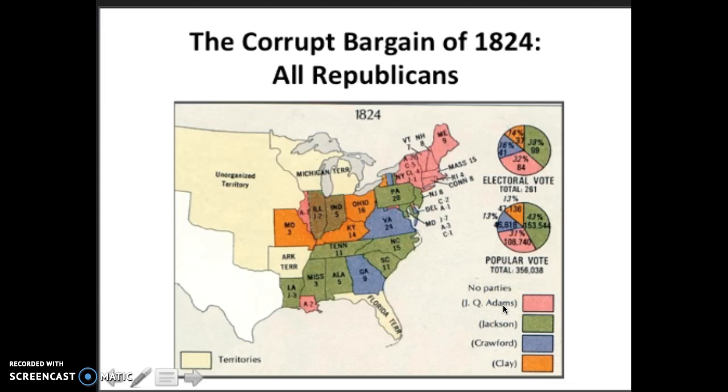In exchange, John Quincy Adams appointed Henry Clay as Secretary of State. The importance of that is that every person who had been Secretary of State up until that point had become president. So Henry Clay felt that by becoming Secretary of State, he would eventually become president. And because of this agreement between Henry Clay and John Quincy Adams, the presidential election of 1824 becomes known as the corrupt bargain of 1824.